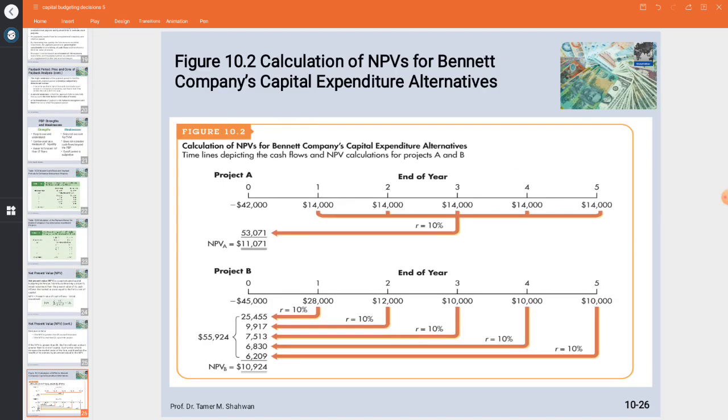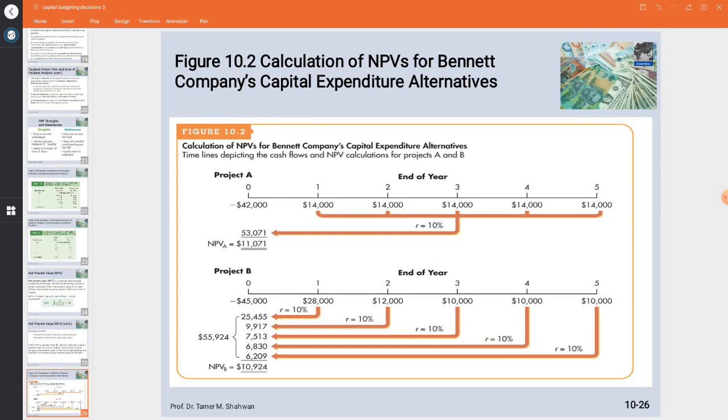Let's look at our exercise of Bennett Company, the calculation of NPV for Bennett Company. First, we determine the NPV for project A and the NPV for project B. In project A, the NPV is equal to the PV of cash inflows discounted by a specific discount rate minus the PV of cash outflows.